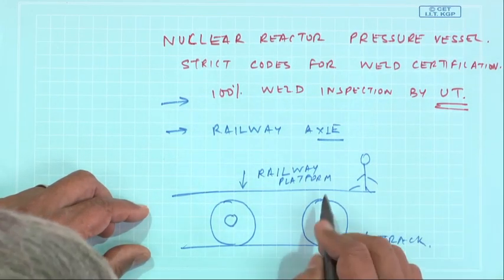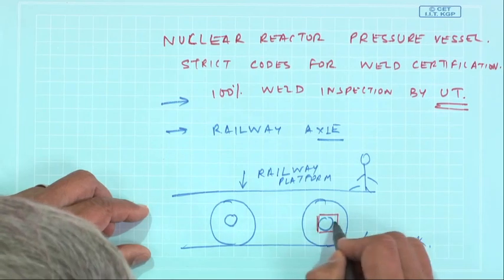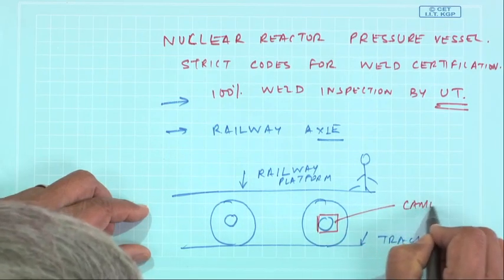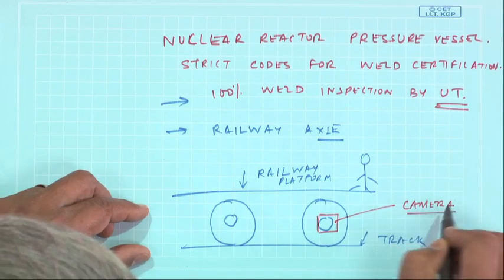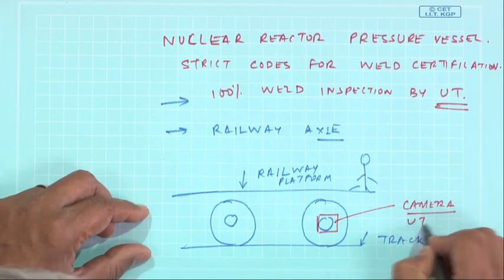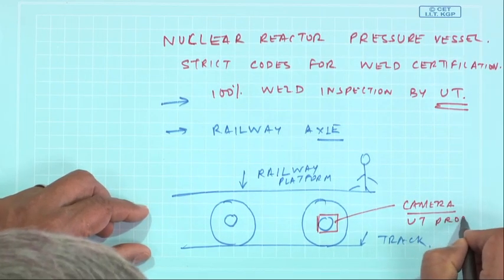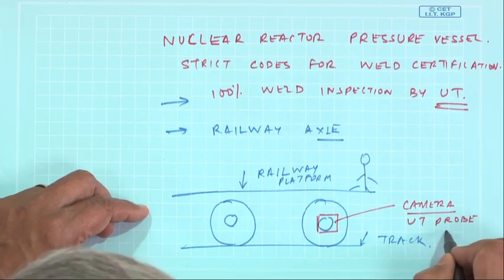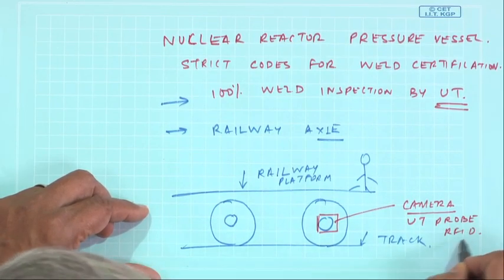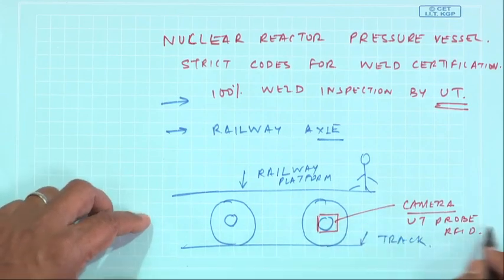We can have cameras with UT probes with an RFID tag. Every axle has an RFID tag.